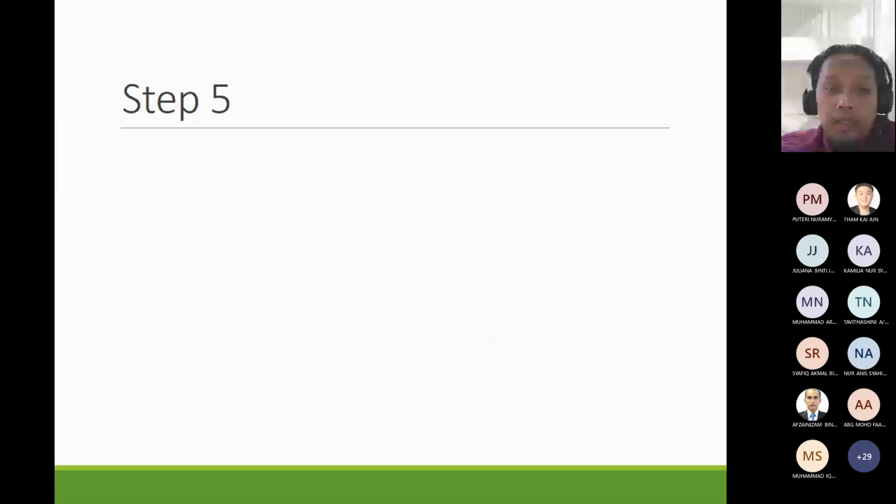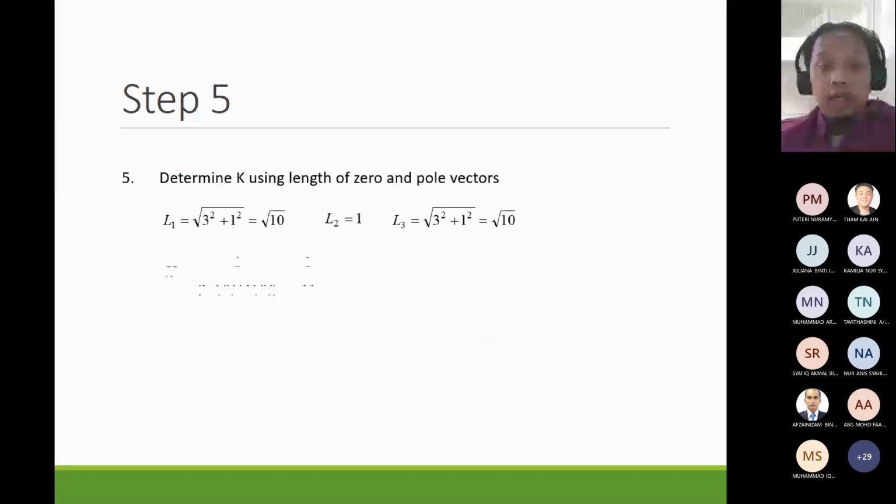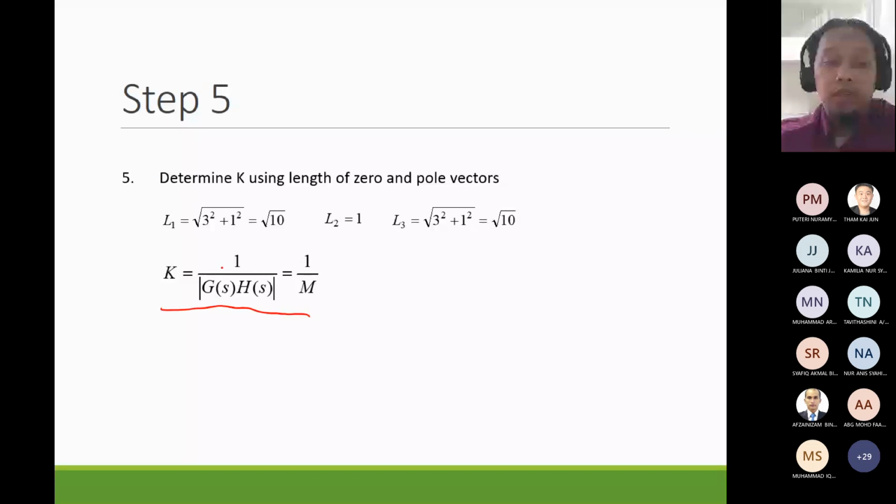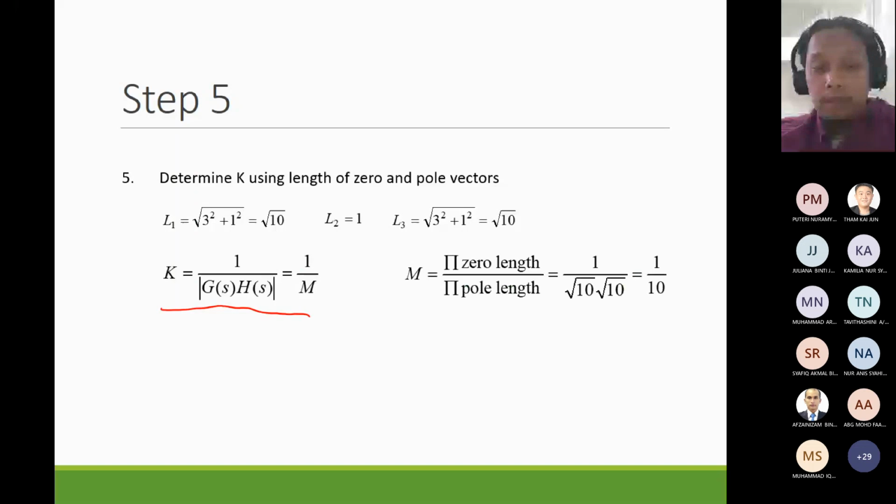And then to determine the gain K, this is the formula. K equals 1 over the magnitude of G times H, or simply 1 over the overall magnitude. Using the formula that I've shown earlier, the overall magnitude equals the product of zero lengths divided by the product of pole lengths.